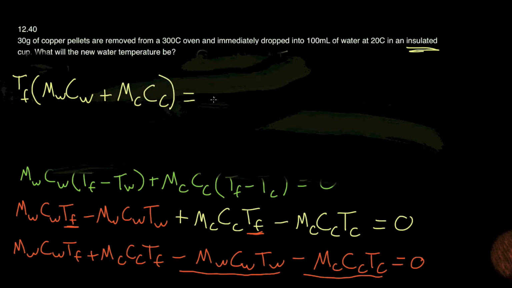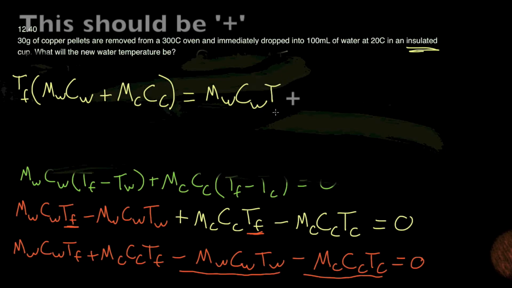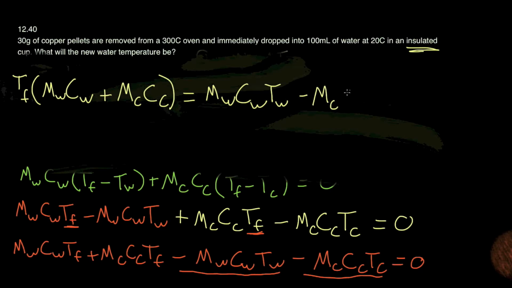It's going to be equal to mass of the water, specific heat of the water, right? Because I'm adding this to the other side of the equation. Times temperature of the water minus mass of the copper, specific heat of the copper, times temperature of the copper.